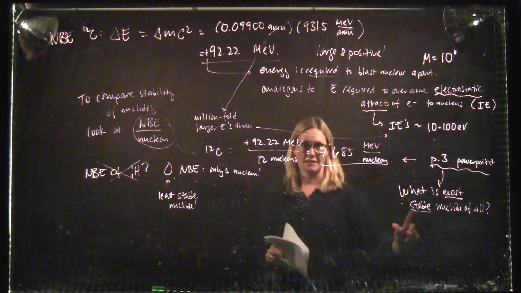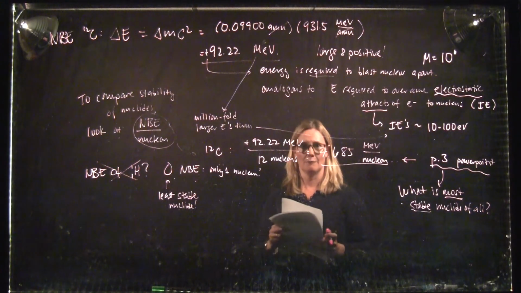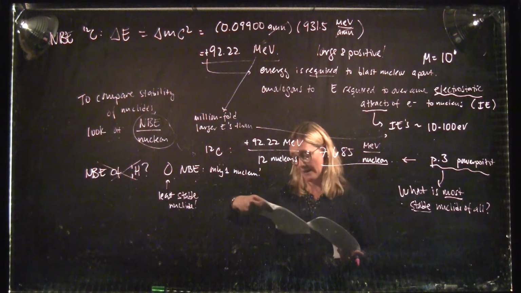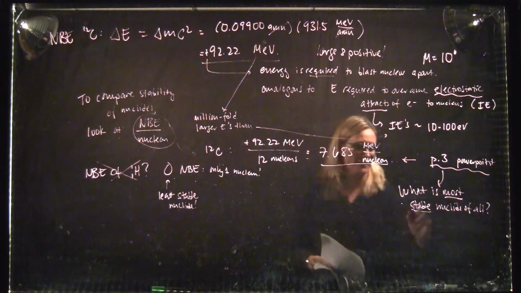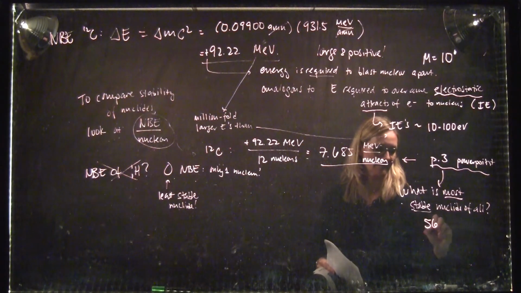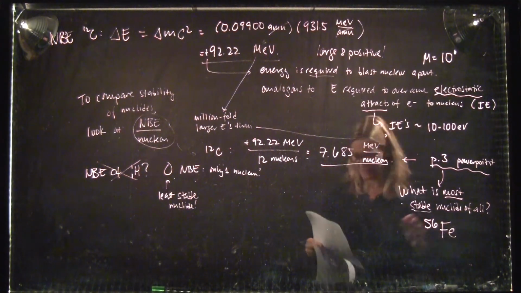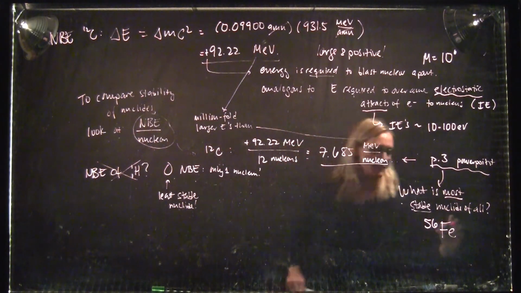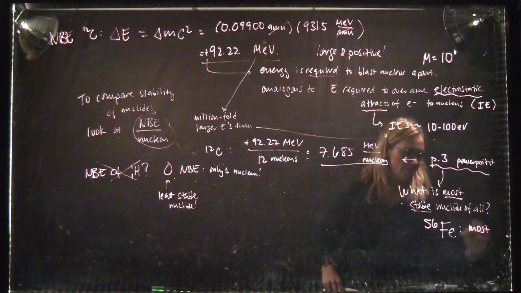So the most stable nuclide of all is the one that occupies the highest position on that y-axis, which is iron 56. So the 56 isotope of iron is the most stable nucleus of all.